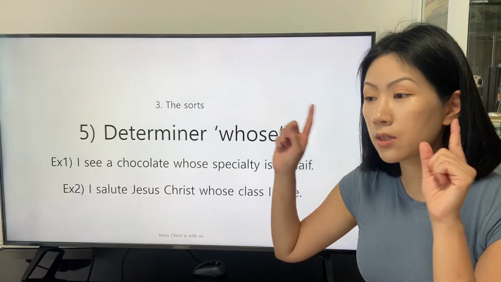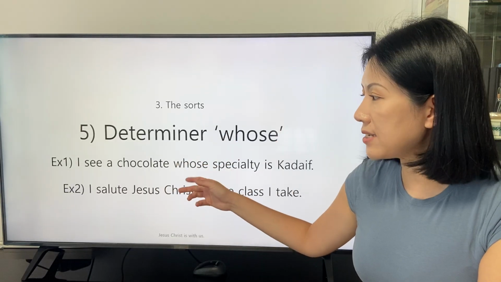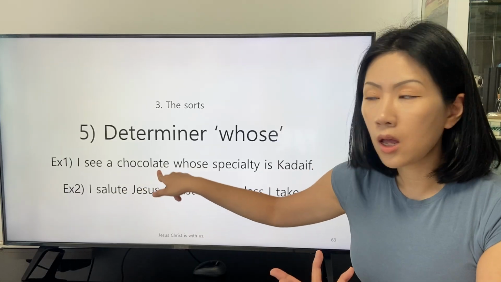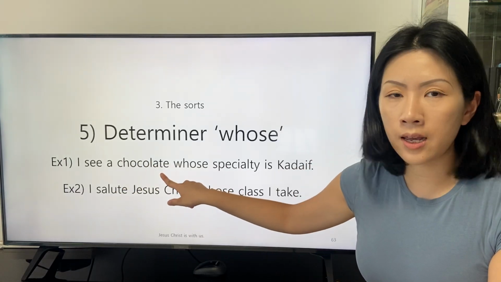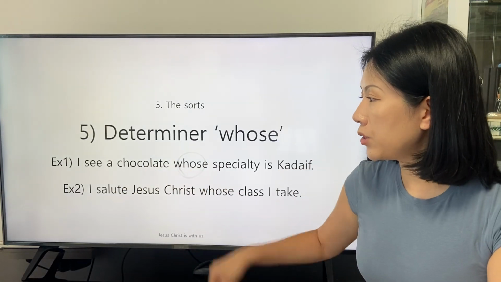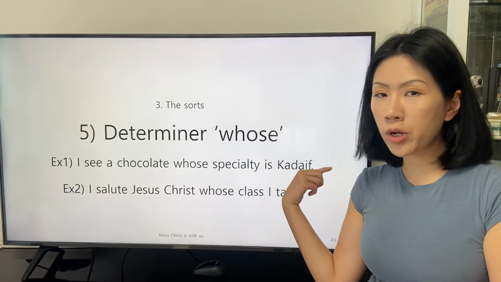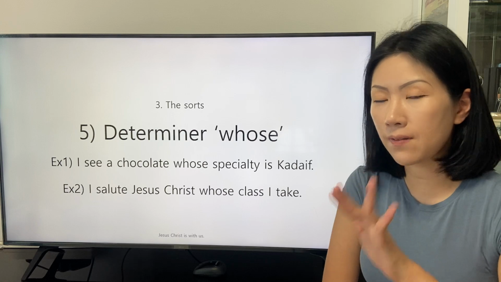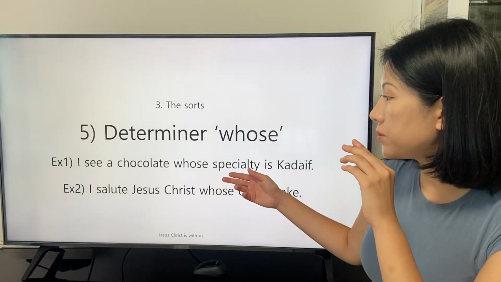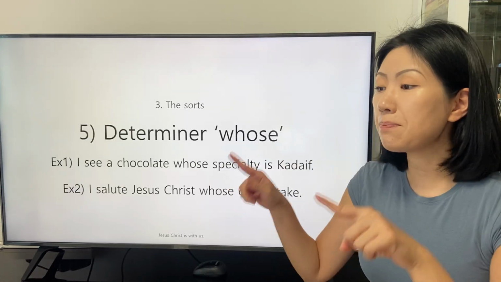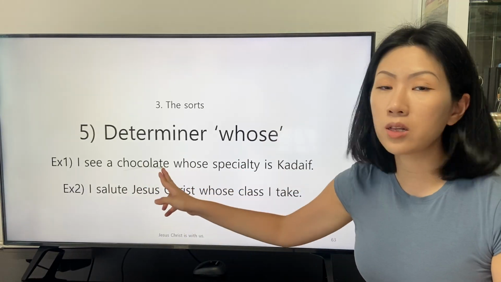So we find that the precedent of this sentence is the phrase of the general noun, a chocolate. A chocolate is indicated by the determiner whose, and the speaker states the subordinate clause by specifying the subject, the specialty that belongs to the precedent, a chocolate that is not a person.